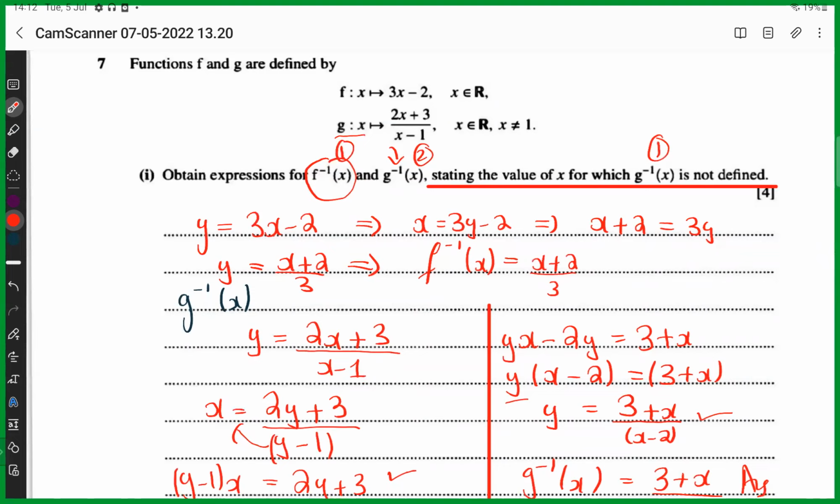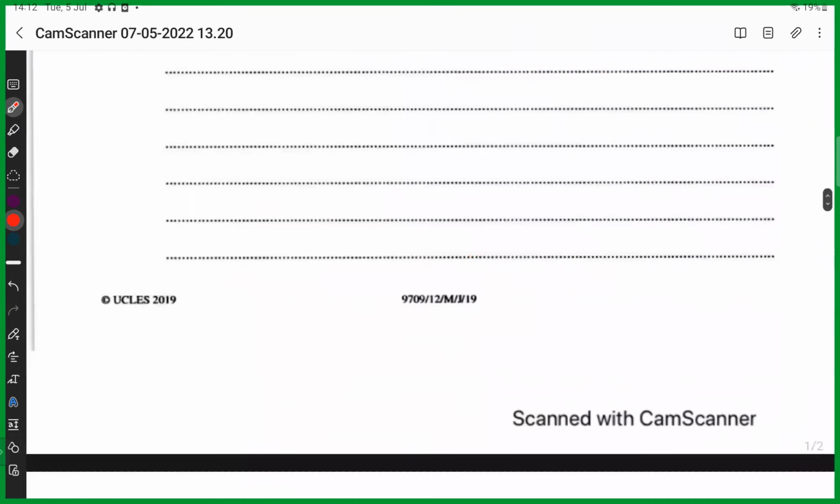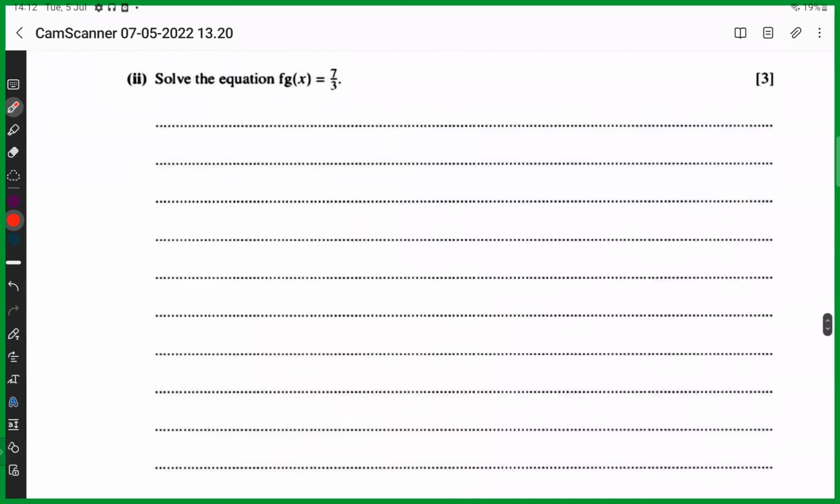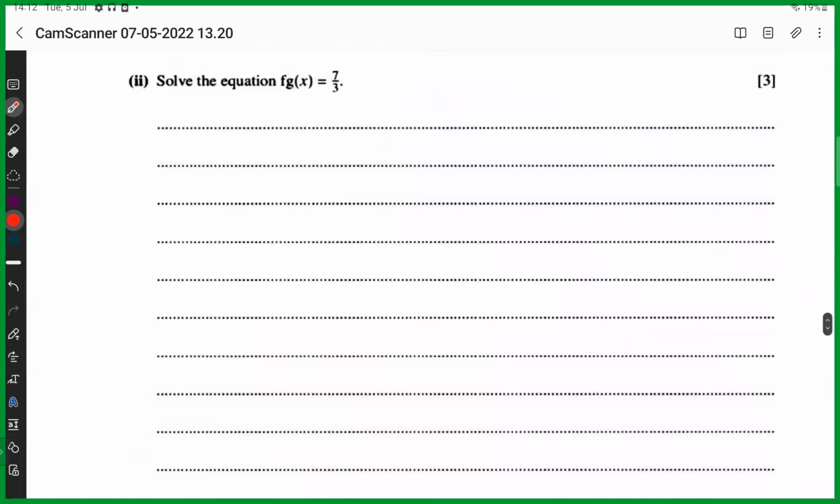Okay, let's talk about the second part of the question. Okay, now the second part says solve the equation f of g of x equals 7/3. Now this is basically a composite function. Okay, we have discussed composite functions, so you would get to understand everything.